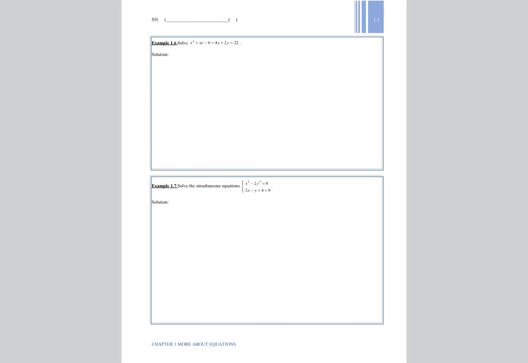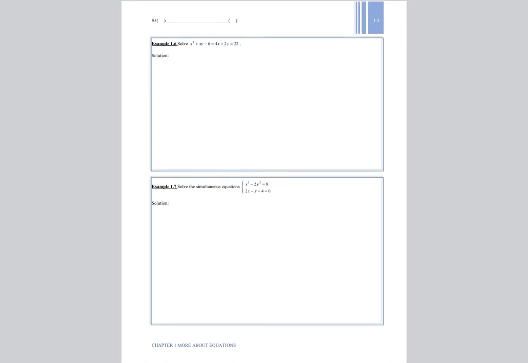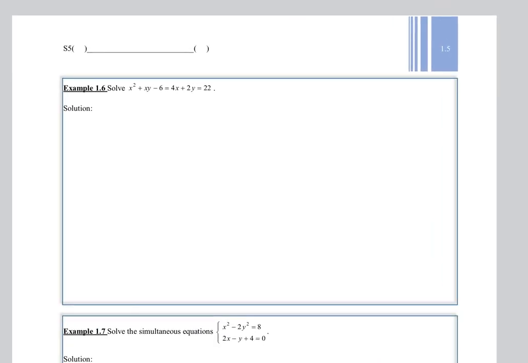Let's move on and turn to page 1.5. So this time we can see that we are going to solve the equation in this way with two equal signs. As we have learned in Form 2, it means that there are three objects here, and you can select any two of them to form an equation.